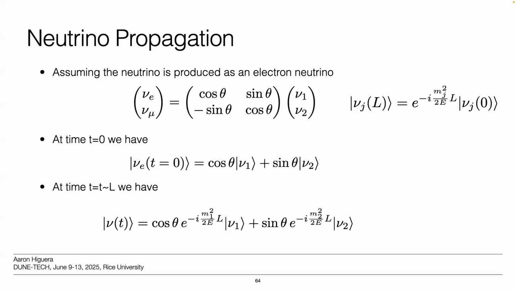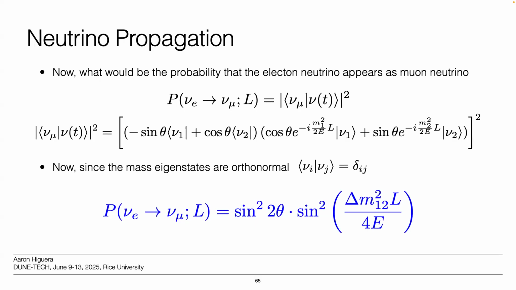Now, if we want to propagate this state through a distance L or a time t, you have to introduce this term, which describes how they propagate through space. Because we are approximating with the speed of light, t is pretty much equivalent to L. That's the only approximation that lets you replace L and t interchangeably, just because you are assuming speeds close to the speed of light.